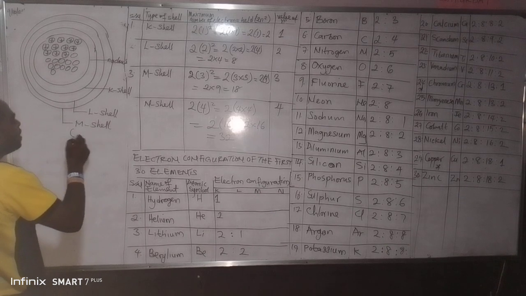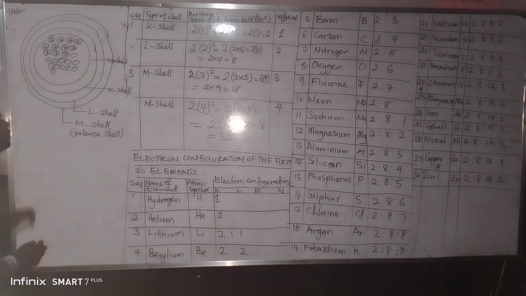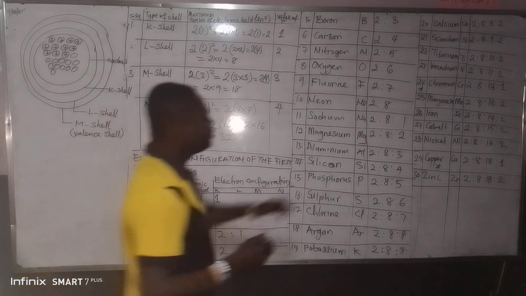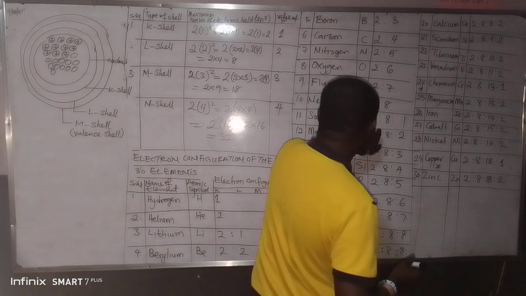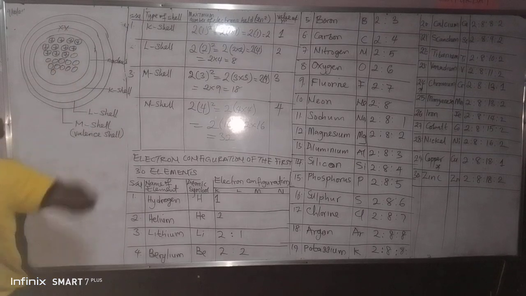Now, this outermost shell is called the valence shell. Valence shell means the one that is the outermost. Don't forget the configuration of sodium is 2, 8, 1. The 2, we put in the K shell, 1, 2.